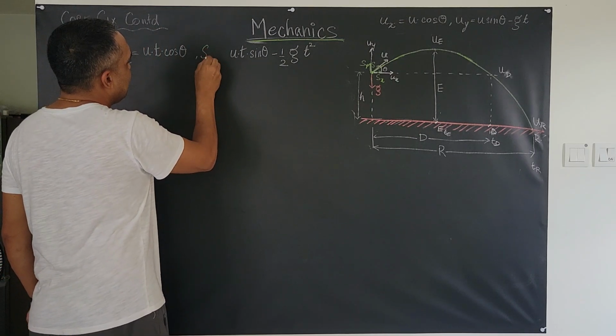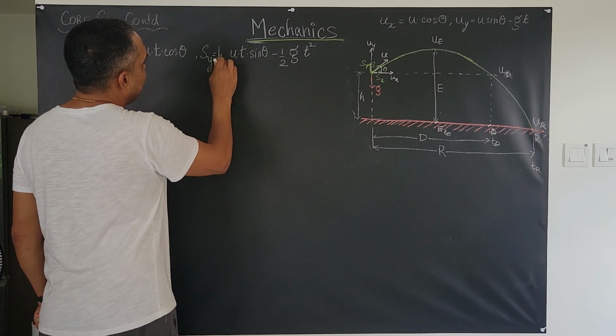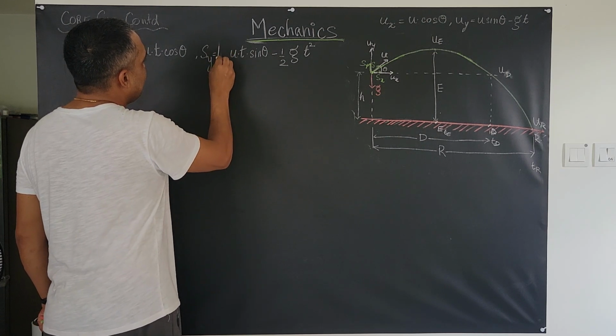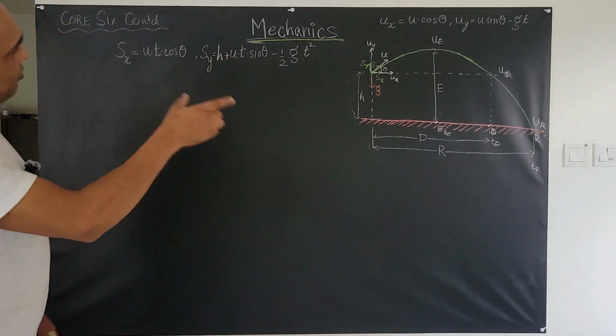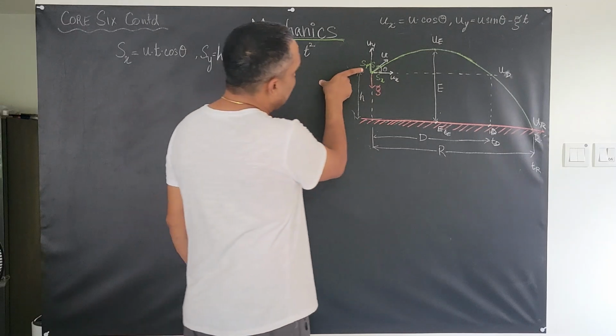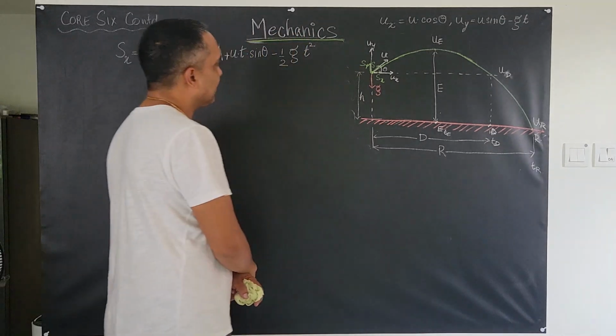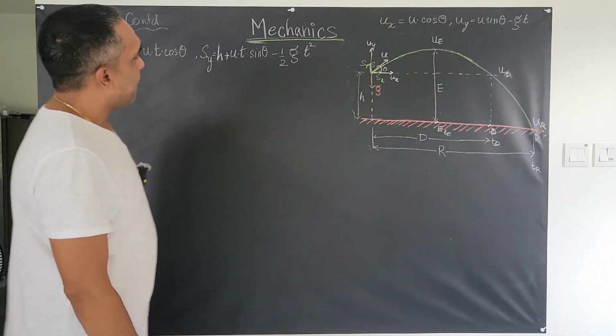So maybe I should write sy is equal to h plus. Now, obviously, if I was starting from the ground, h would be 0. That would be a better value of sy, isn't it? Yeah, because the initial value already has an h built in. So sy sort of has that h in it.